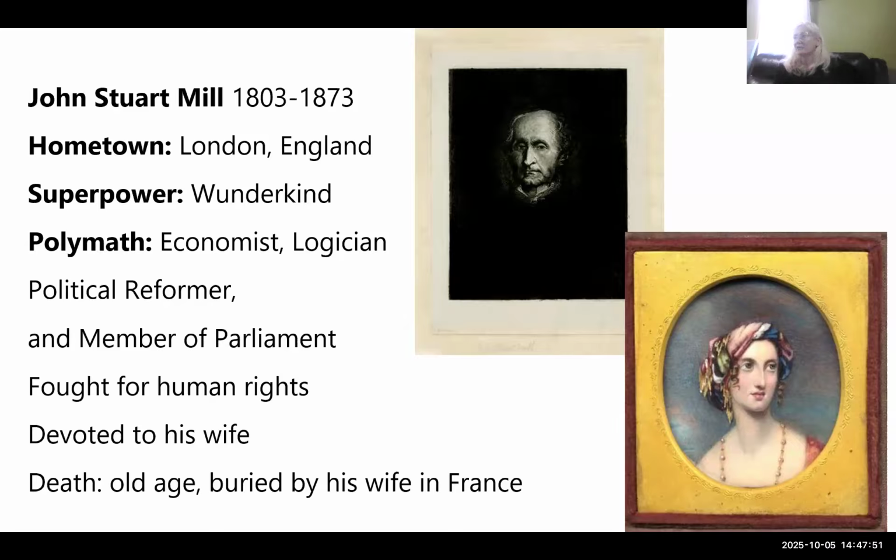He was also an actual political reformer and served as a member of parliament for a very brief time, in which he defended human rights, both the right to vote for women and the right of emancipation or freedom from oppression for Jamaica. He was devoted to his wife, and so in old age, he was buried next to her in their place in France.